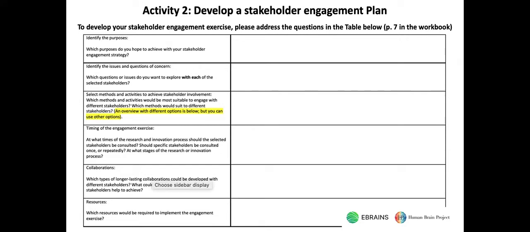For example, they aim to provide clarity on the purposes that you hope to achieve with your engagement strategies. What are the aims? What would you like to achieve with it? But these questions also will provide clarity on the issues or the questions or the specific concerns that you would like to explore with some of the selected stakeholders.